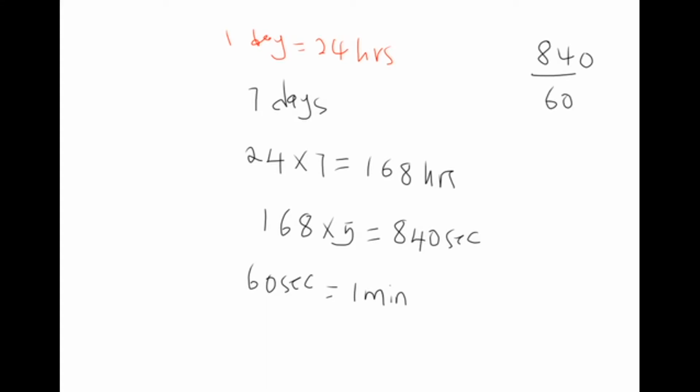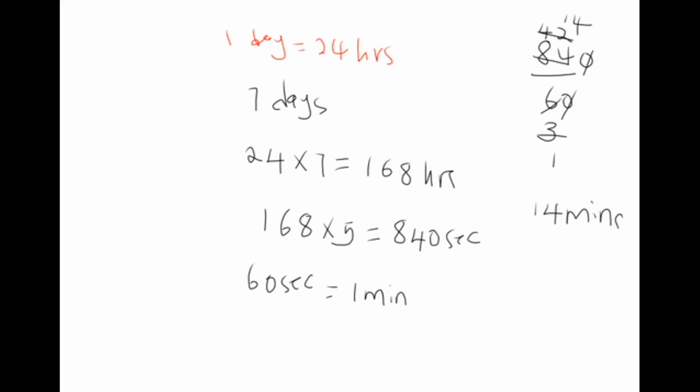Then we simplify. This 0 will cancel this 0. We can now simplify. By 2 we get 3, by 2 we get 42. We can further simplify. By 3 we get 1, by 3 we get 14. Therefore, we have 14 minutes.